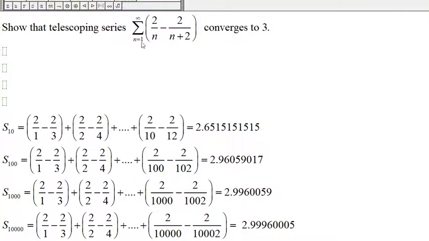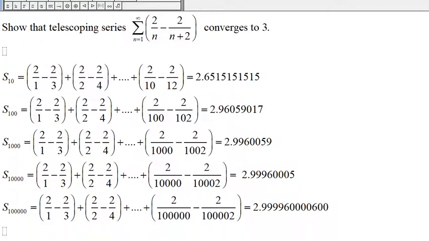We want to show that this telescoping series converges to 3. So for this infinite series, the sum of the first 10 terms will be: when n is 1, we get 2 over 1 minus 2 over 3.